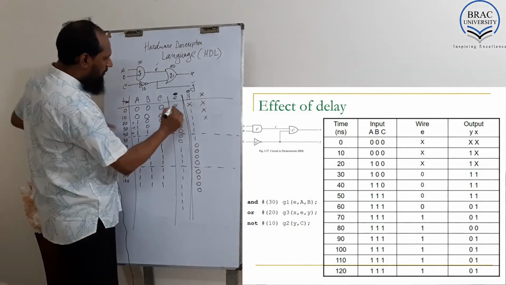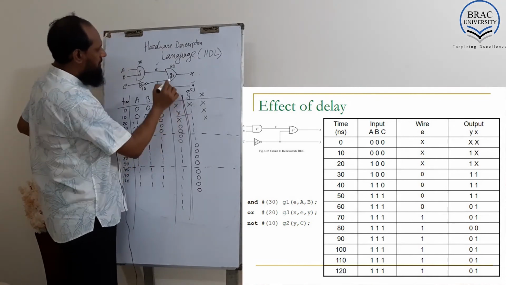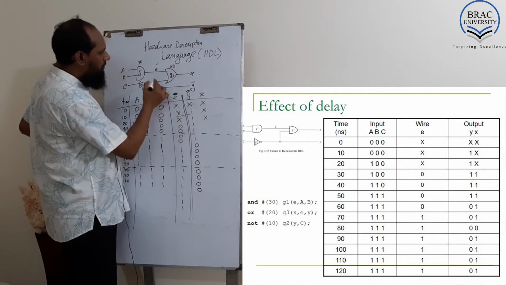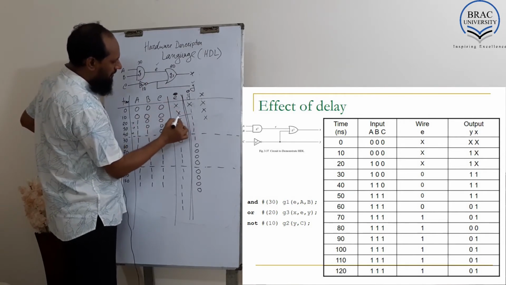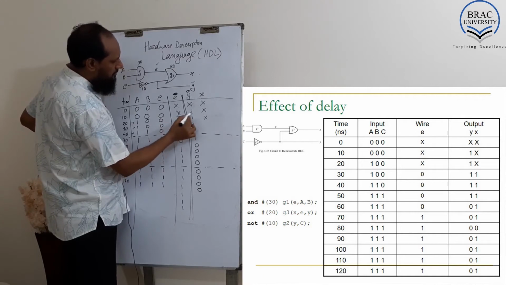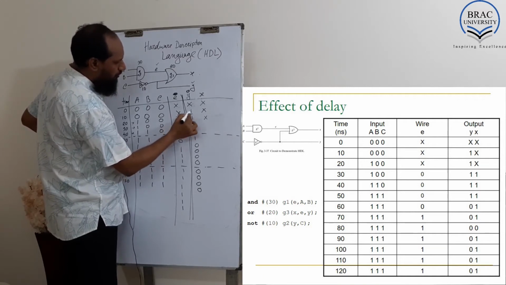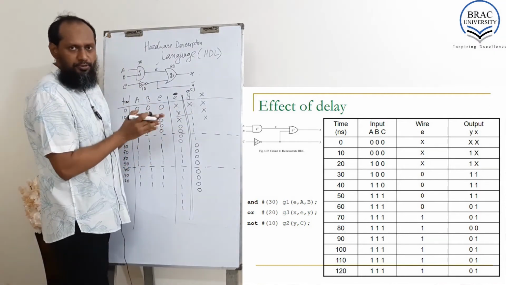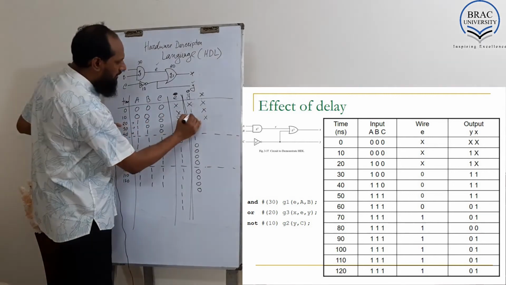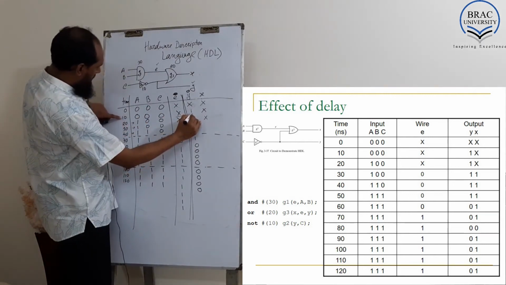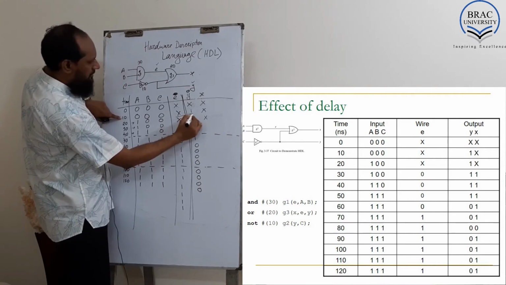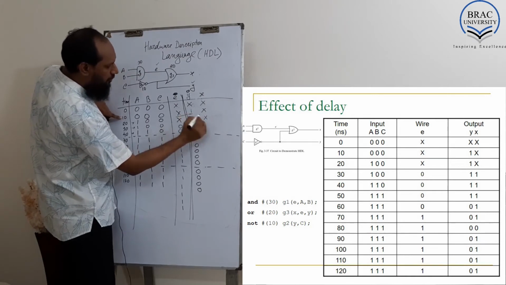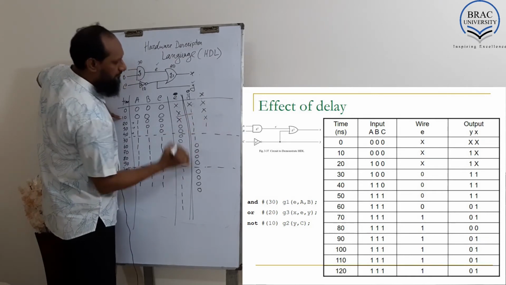Okay. Now, since it's an OR gate, it will become 1 if any one of the inputs becomes 1. So, we can see here this input is don't know and 1. Since this is an OR gate, if any input is 1, then the output will become 1. So, we will get this output, but we will get it on 30. Since we get the input on 10 nanosecond, we will get the corresponding output 1 on 30 nanosecond. Okay.